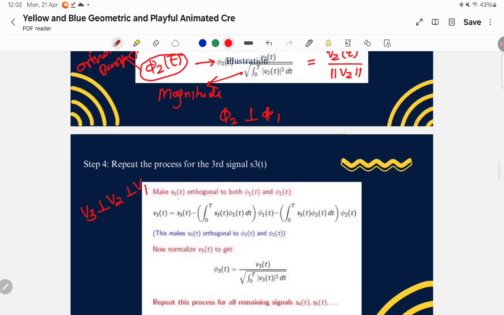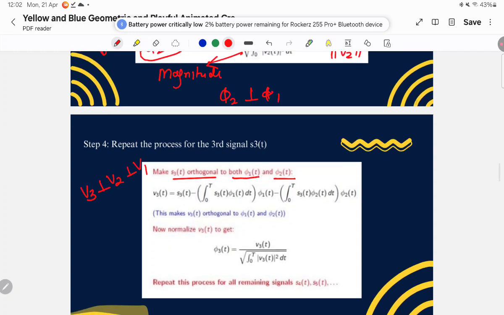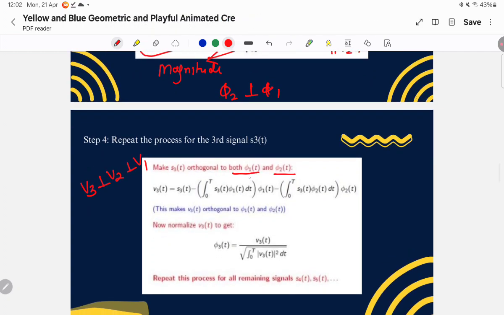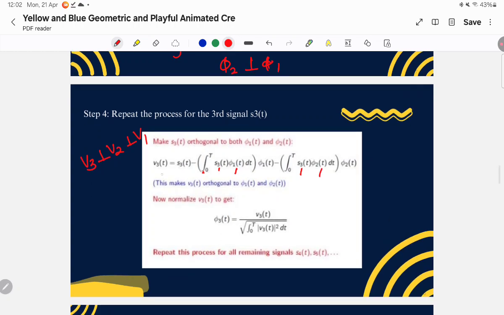Means you can see S3(t) is made orthogonal to both phi 1 and phi 2. So this is the formula to do this: we subtract from S3 the inner product of S3 and phi 1, and the inner product of S3 and phi 2, and this gives you V3.